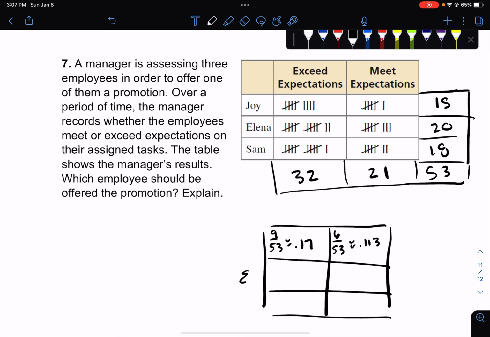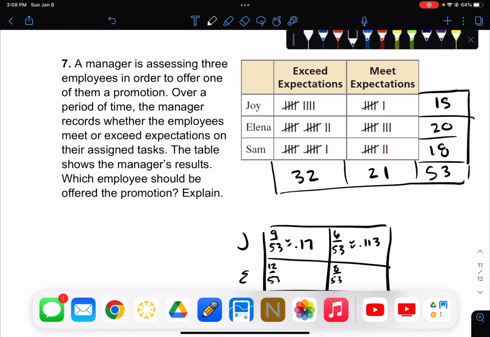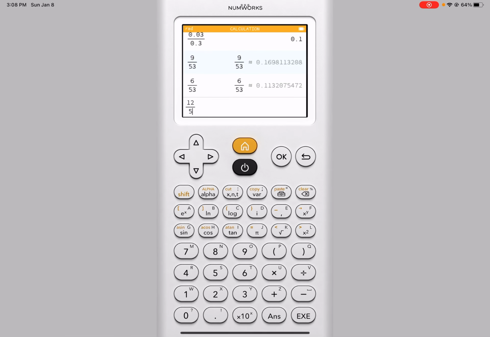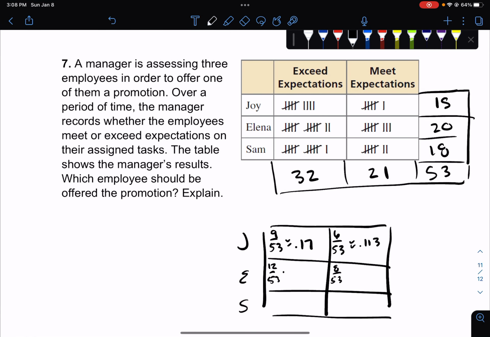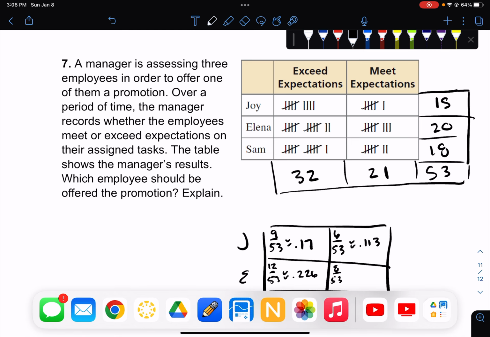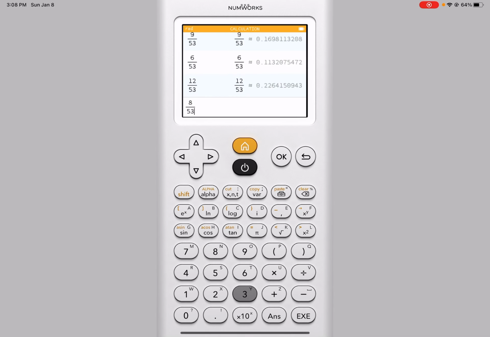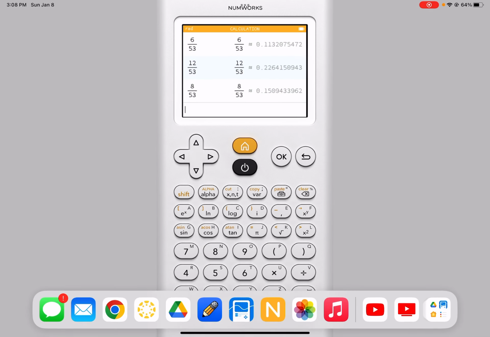Elena, so this is Elena, this is Sam, this is Joy. Elena has 12 out of 53 and 8 out of 53. So 12 out of 53 is 0.226. So approximately 0.226 are from Elena, and 8 out of 53 gives me 0.151.